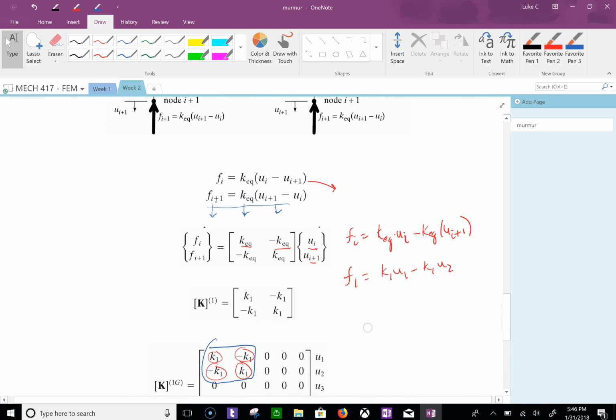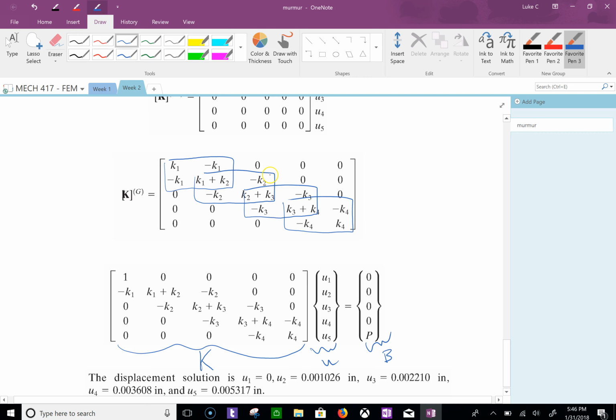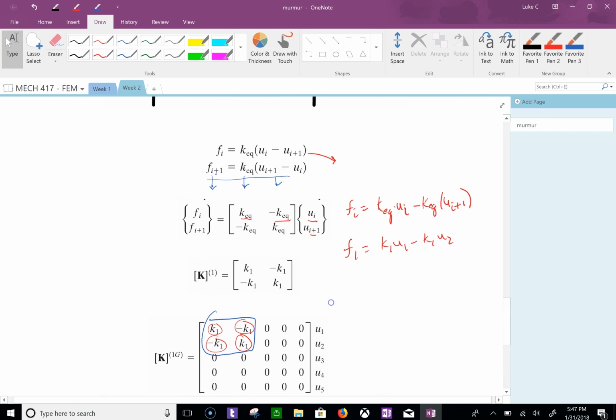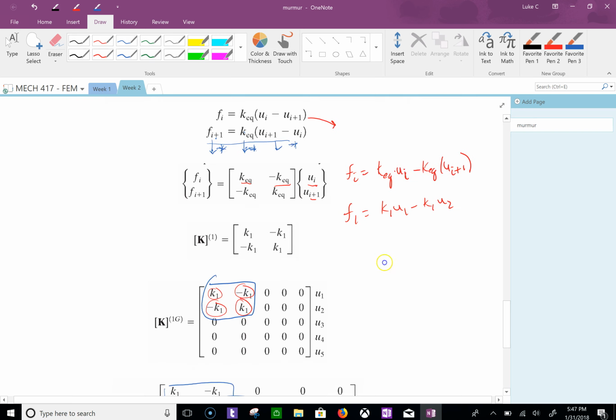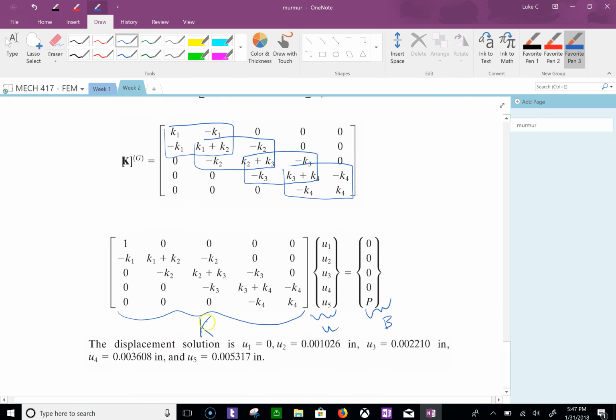So again, forces equals stiffness times displacements. And that's what we have down here: your K, which is your stiffness, your displacement, and your load, or your forces.